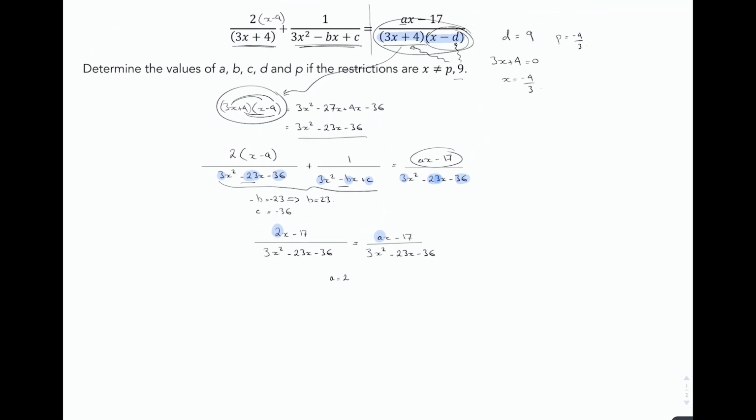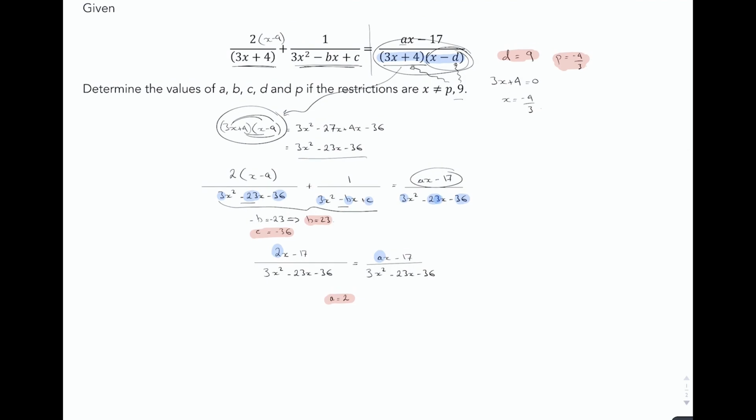So look, we have now determined values for, I'll highlight them one at a time, I have a value for a, a value for b, a value for c, a value for d, and a value for p. Now, as an exercise for you, I want you to check that this is true.